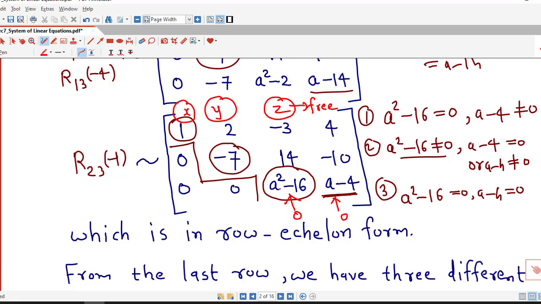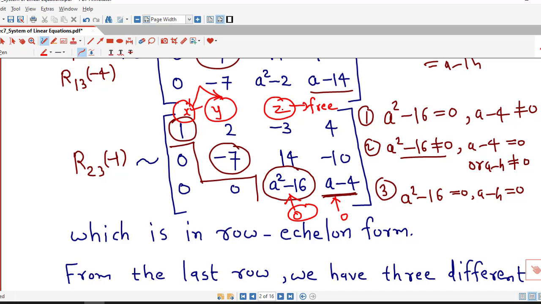If a² − 16 is 0 and a − 4 is 0, then the first non-zero entries of the first two rows will correspond to x and y. So x and y will be leading variables, but a² − 16 corresponds to z, and z is not a leading variable because a² − 16 is 0.